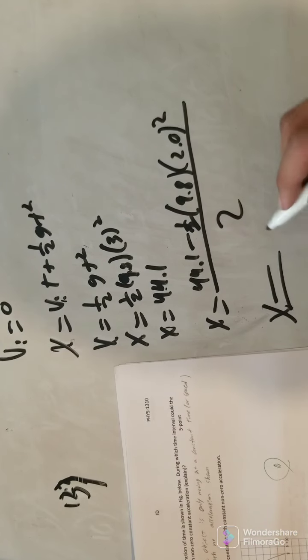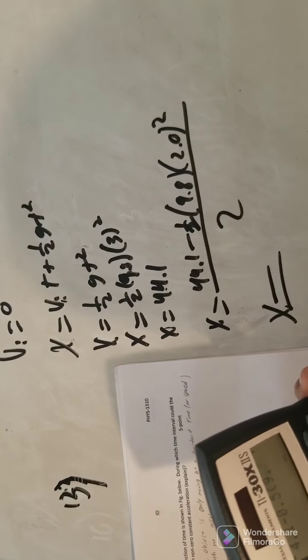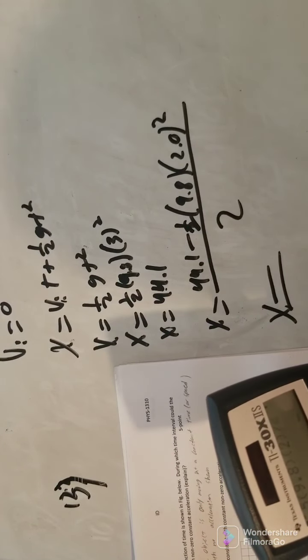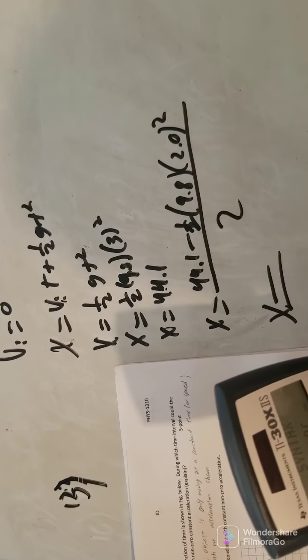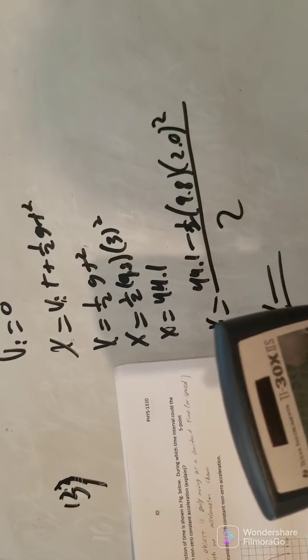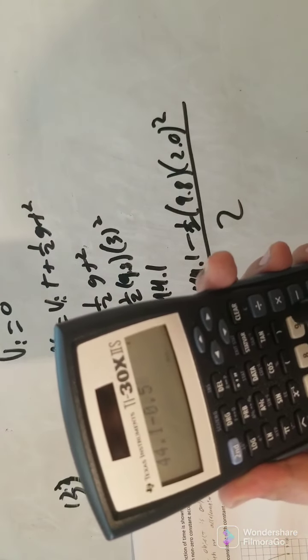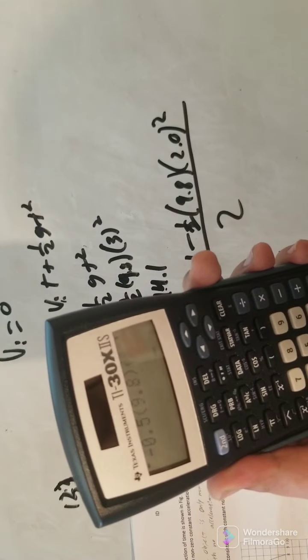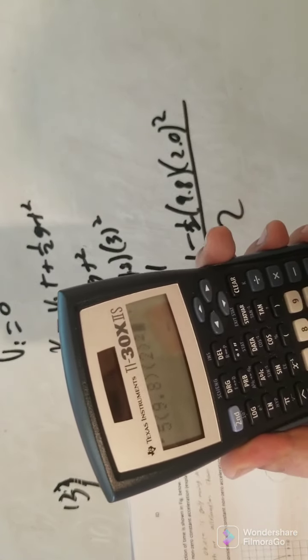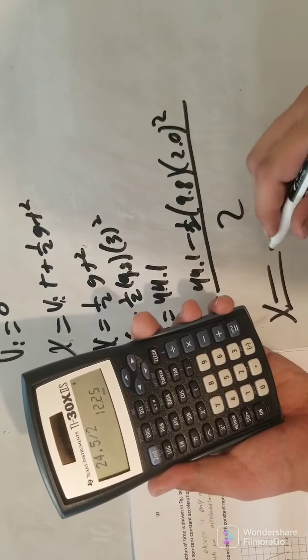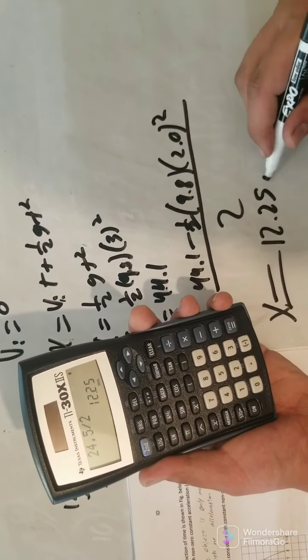Let me put it into the calculator: 44.1 minus 0.5 times 9.8 times 2 squared is equal to 24.5. 24.5 divided by 2 is equal to 12.25 meters a second.